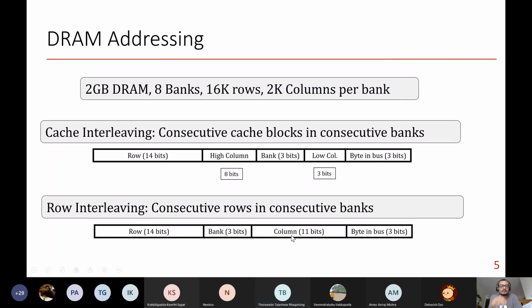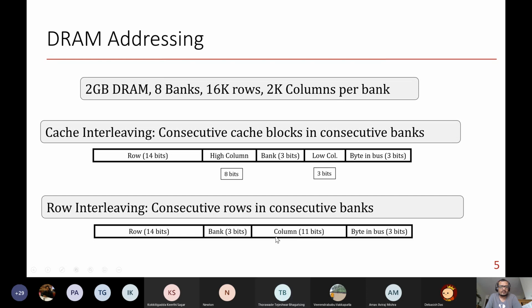What about the latter case? In the latter case, in a row itself, we have these things consecutive, so we might get more hits in the row buffer. So if you remember, you are going to the same bank, same row. The major difference is that in the previous case, even if you are accessing an array, you are going to different banks. Here you are going to the same bank and same row.